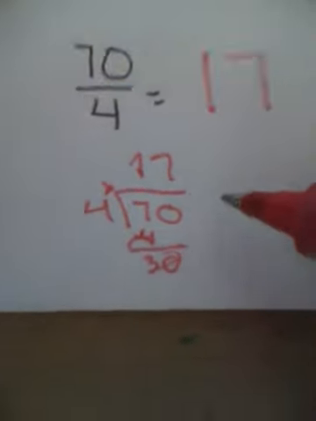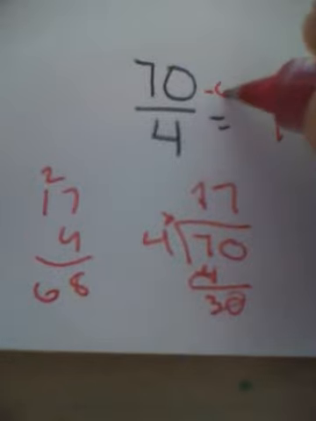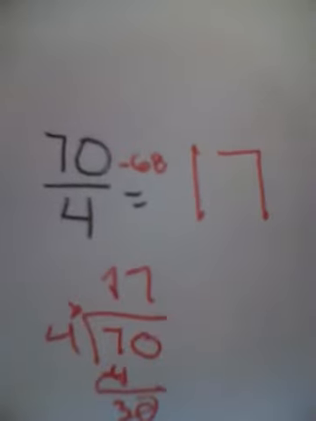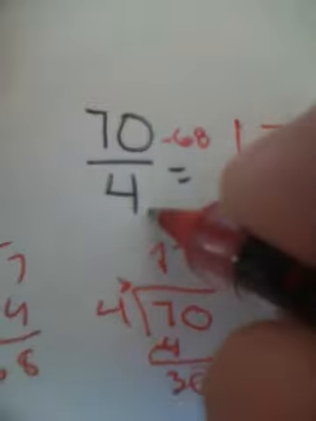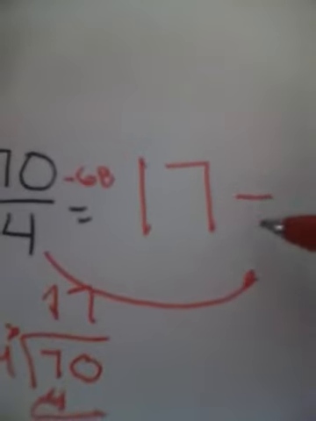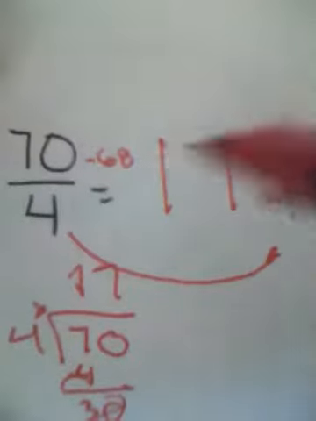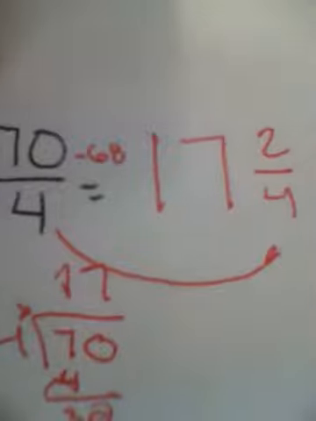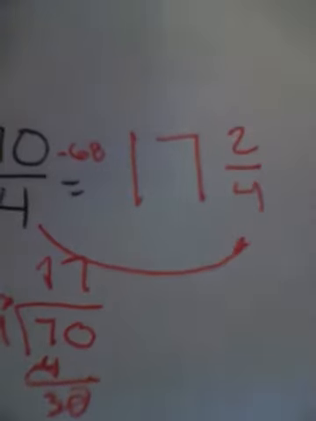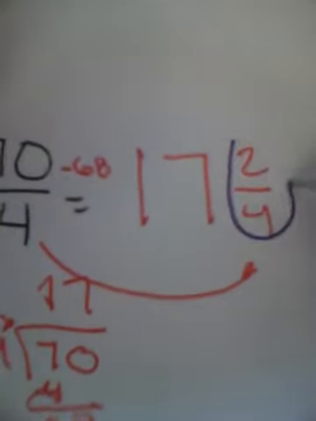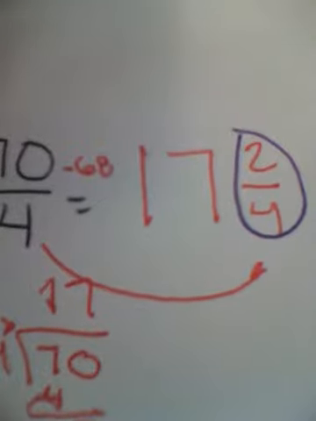Now, what is 17 times 4? 68. So I subtract 68 from here. My denominator of 4 travels with me, so I have 4. 70 minus 68 gives me 2. I have 17 and 2/4, but I am not done, because if I look at this fraction, both 2 and 4 have a common factor.